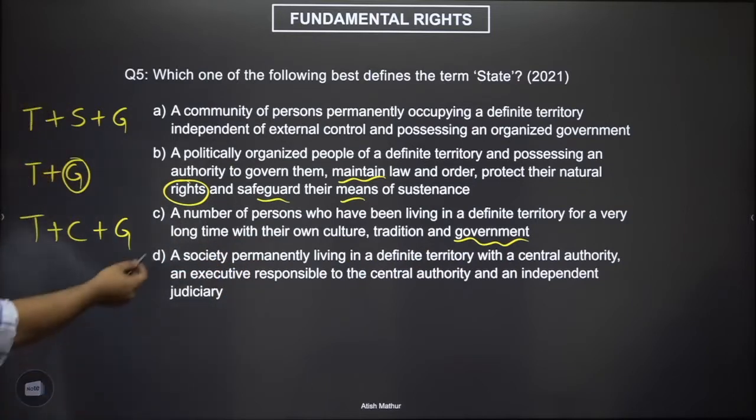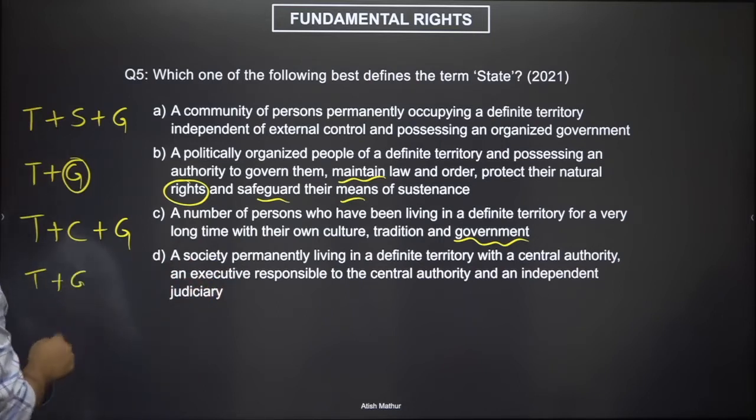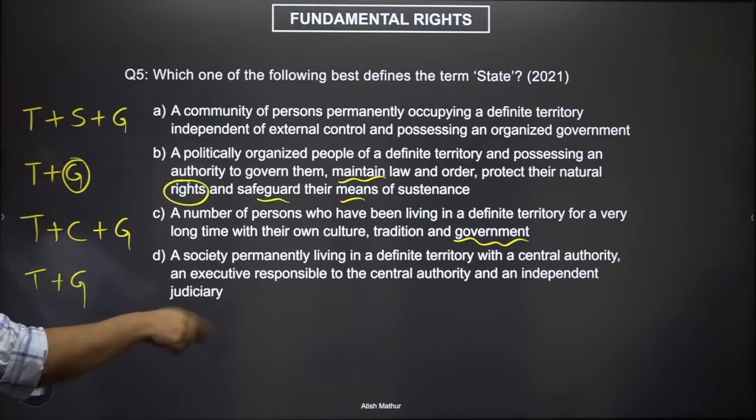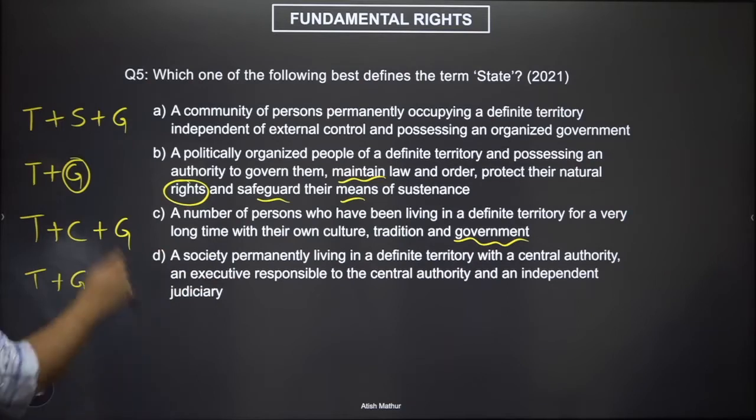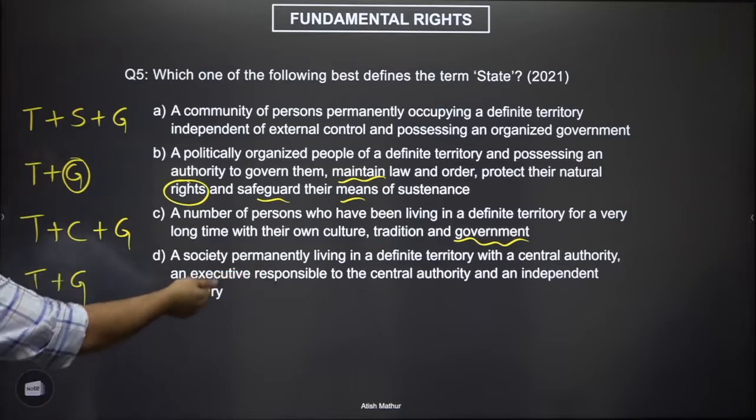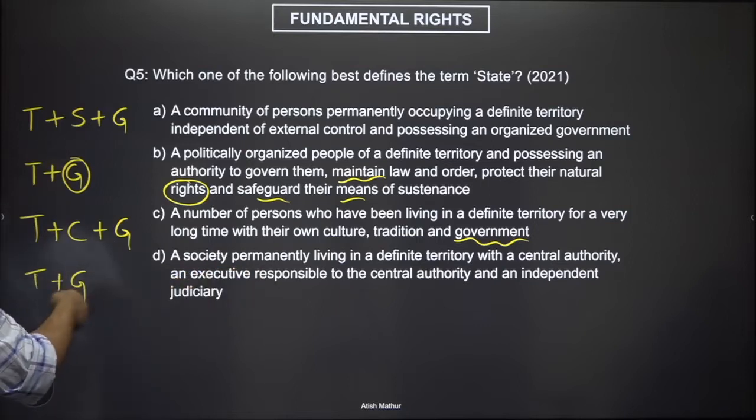Now, fourth, a society permanently living in a definite territory with a central authority, which means there is some form of government, an executive responsible to the central authority, that means it sounds like a parliamentary government, and an independent judiciary, which is also a branch of government. They're essentially describing a parliamentary democracy, largely comes under the ambit of government.